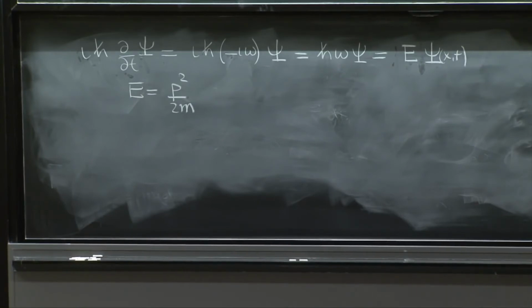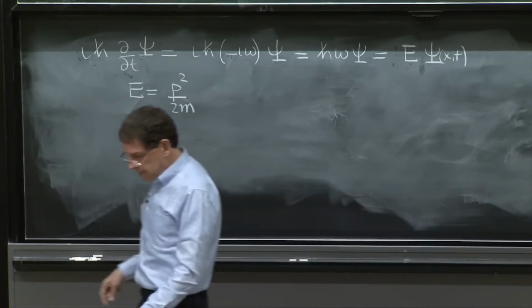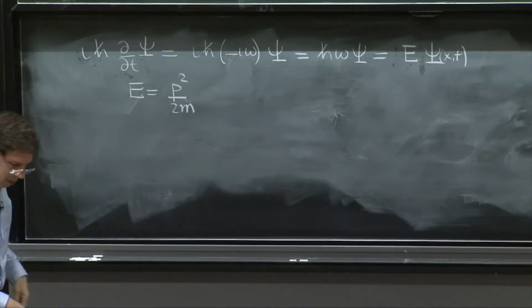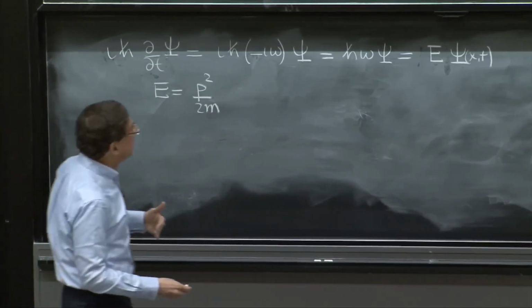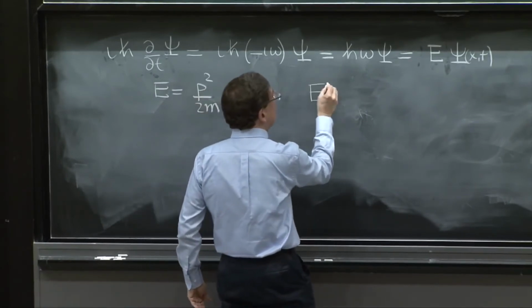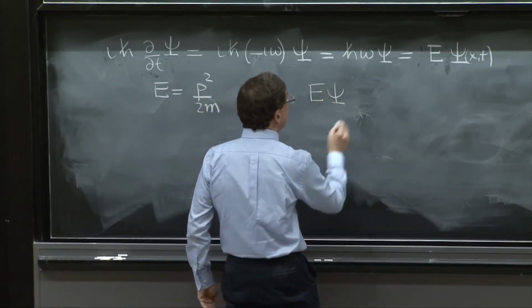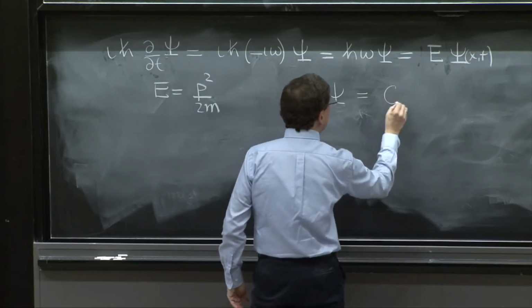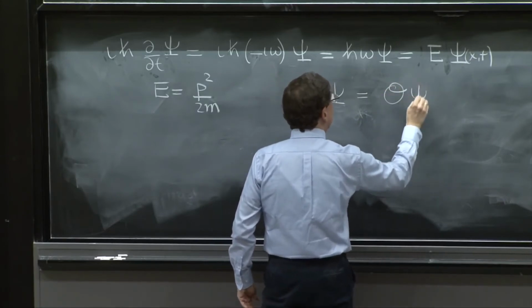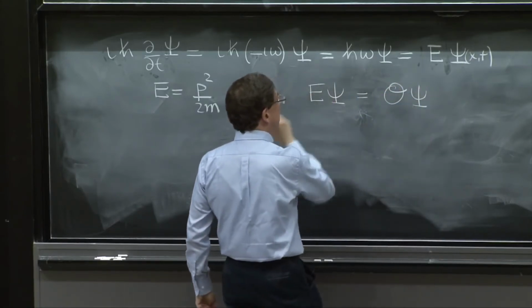So let's see what we're going to do. We're going to do a relatively simple thing in which we're going to walk back this. I'm going to start with E psi, and I'm going to invent an operator O acting on psi that gives you this energy.